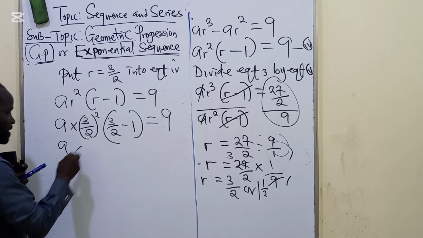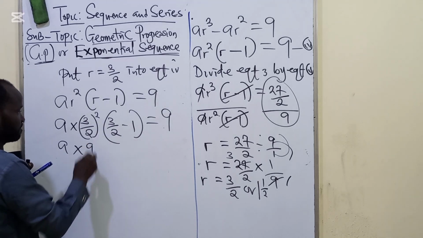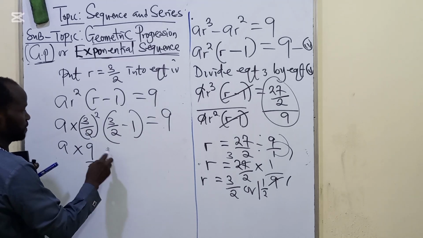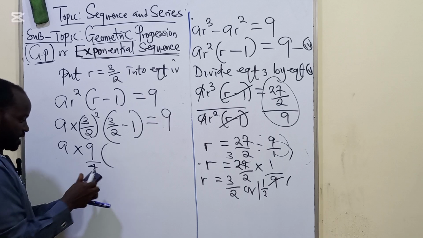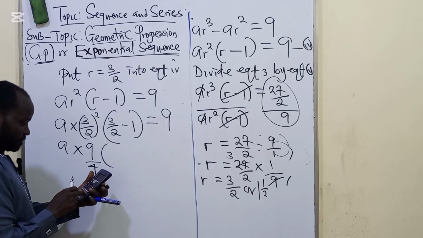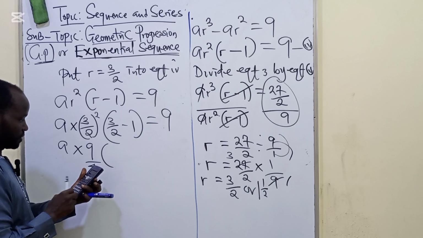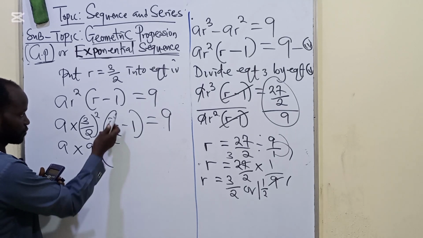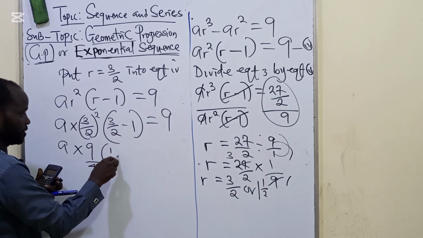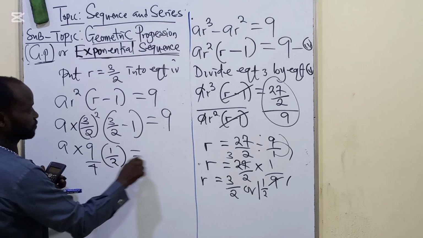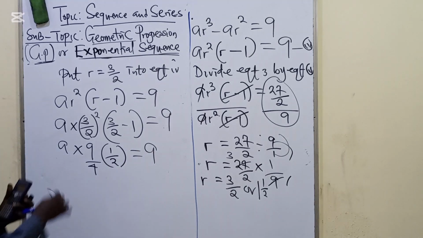This will be A times 3 squared is 9, 2 squared is 4. Bracket open, 3 divided by 2 minus 1. What do we have? 0.5. That will be half. So 3 divided by 2 minus 1 will be half. So we have half in the bracket, equal to 9. Very important.